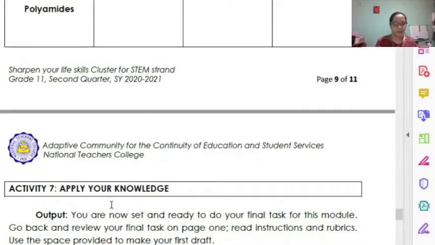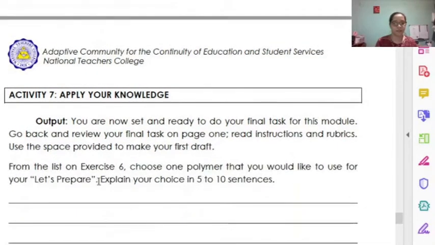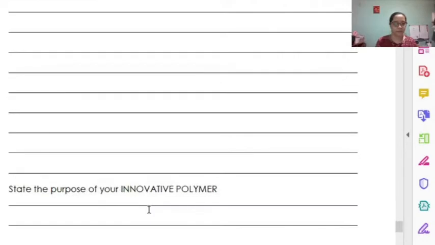And then apply your knowledge. This is where we will start doing your module project. So from the list on exercise 5, choose one polymer that you would like to use for your Let's Prepare. Explain your choice in 5 to 10 sentences. And then state the purpose of your innovative polymer.